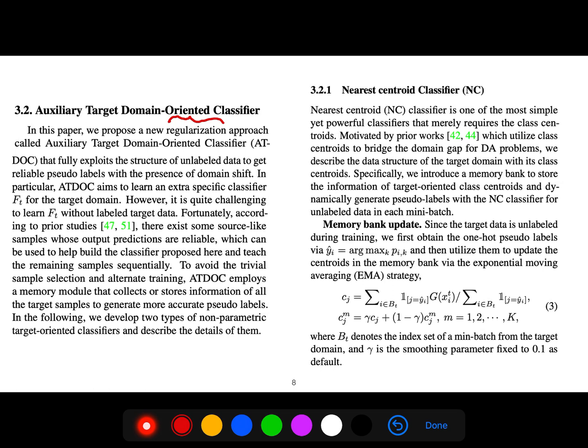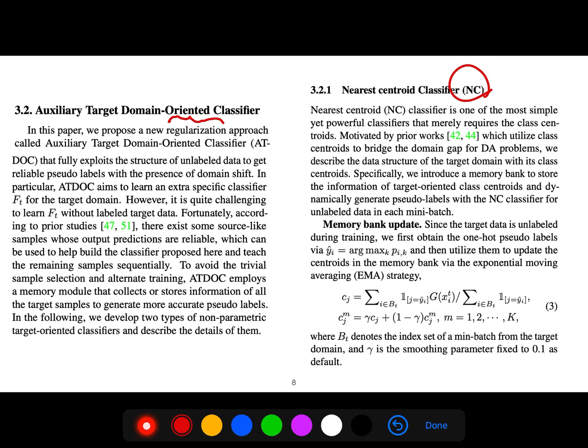So we developed two types of non-parametric target-oriented classifiers and describe the details of them. The first one is the nearest centroid classifier. It is one of the simplest yet powerful classifiers that merely requires the class centroids.